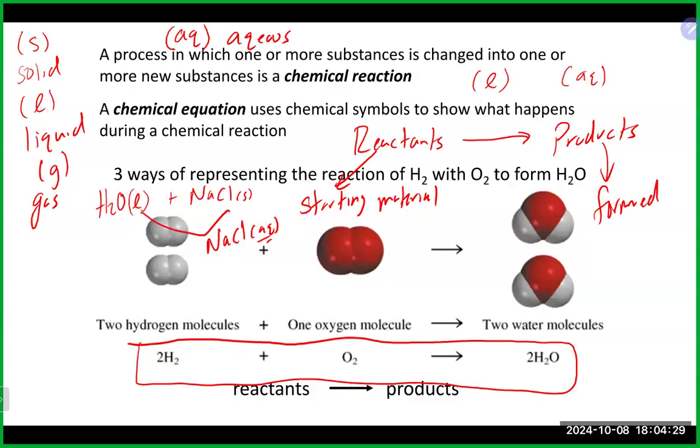So if it's an L, it's a pure substance by itself, really nothing else in there. If it's aqueous, it is basically a solution, which is a homogeneous mixture of two things or more. And they are both obviously in the liquid state, but there is again a difference between aqueous and a liquid.